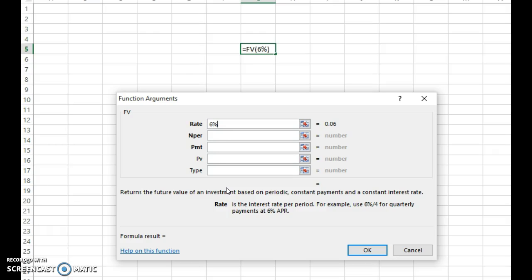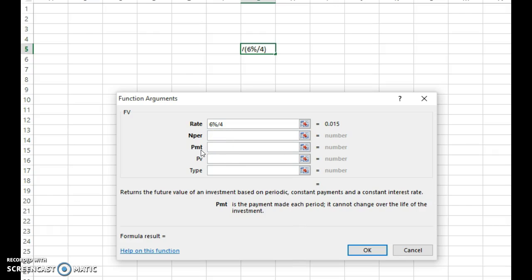Or if it's 6%, but it's compounded quarterly, you can just put in 6% divided by 4. And see here, Excel will calculate for you what that breakdown is for the rate. So that makes it easier if you can use Excel, because you can just put in the annual rate and divide it by the number of compounding periods in the year. So then you enter the number of periods, and that's the actual number of compounding periods.